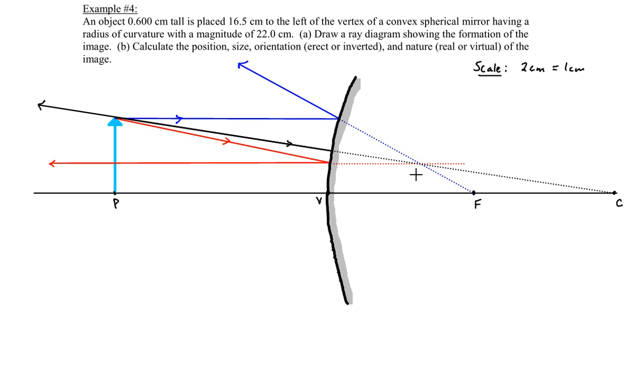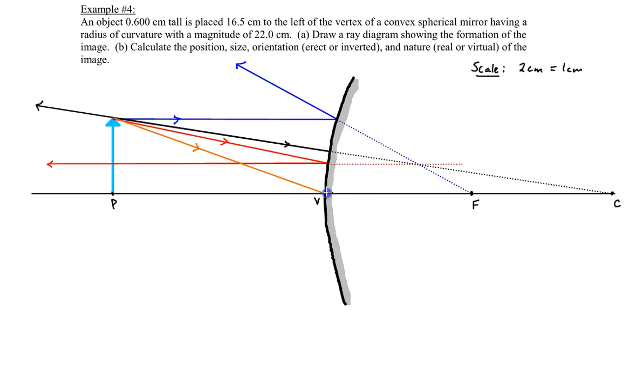There's one more we can draw, which is the ray that comes from the top of the object towards the vertex. We'll start from the top of the object towards that vertex, and it's going to reflect from the vertex, obeying the law of reflection.